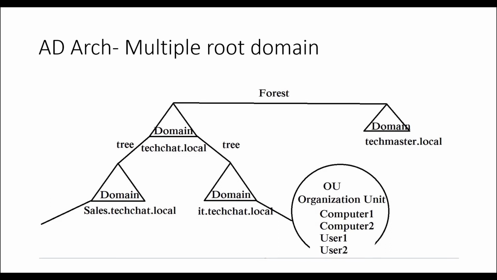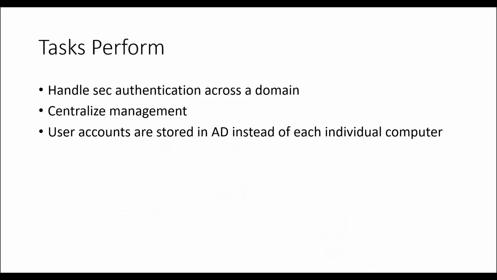We have the main root domains: the first one is techchat.local, then we have techmaster.local. And you can see we have a tree, then we have child domains. Under techchat.local, we have it.techchat.local, and also we have sales.techchat.local. Okay, so this is the architecture of the Active Directory.